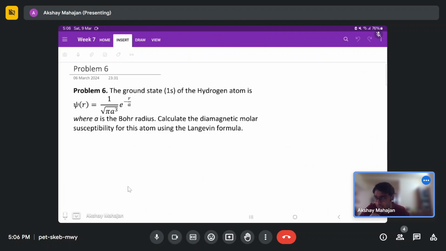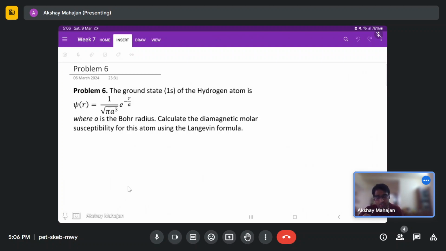The wave function given to us is 1 upon under root pi a cube times e to the power minus r by a, where a is the Bohr radius. We have to calculate the diamagnetic molar susceptibility for this atom using the Langevin formula. This is the formula that we have used in one of the problems.